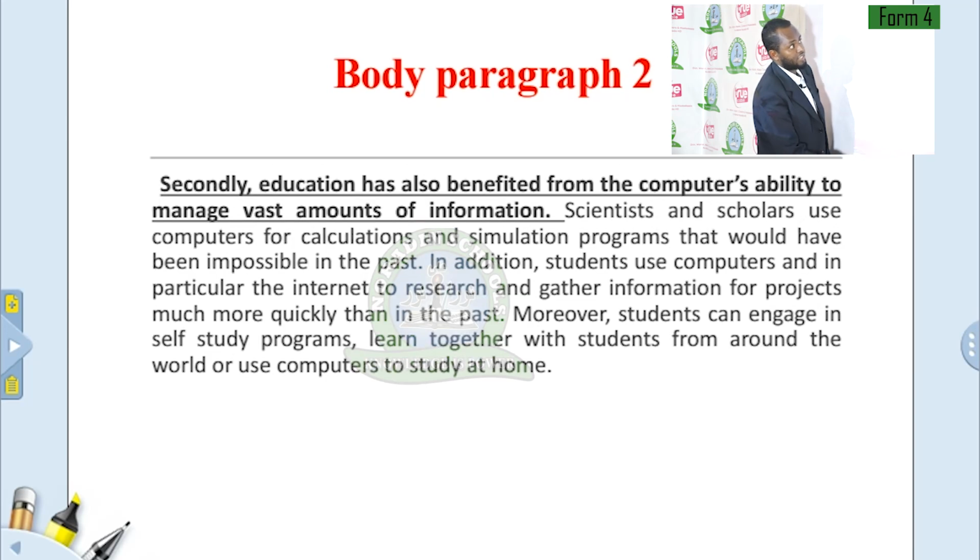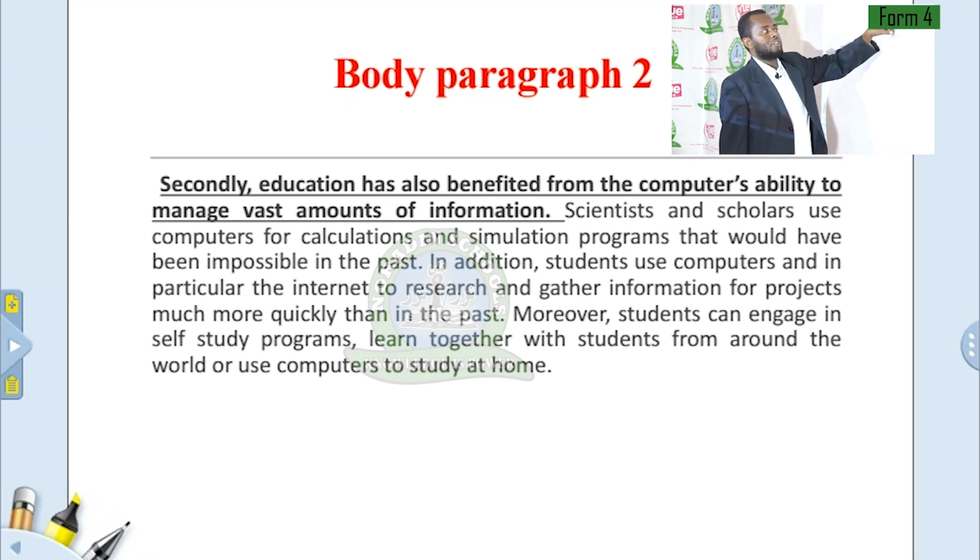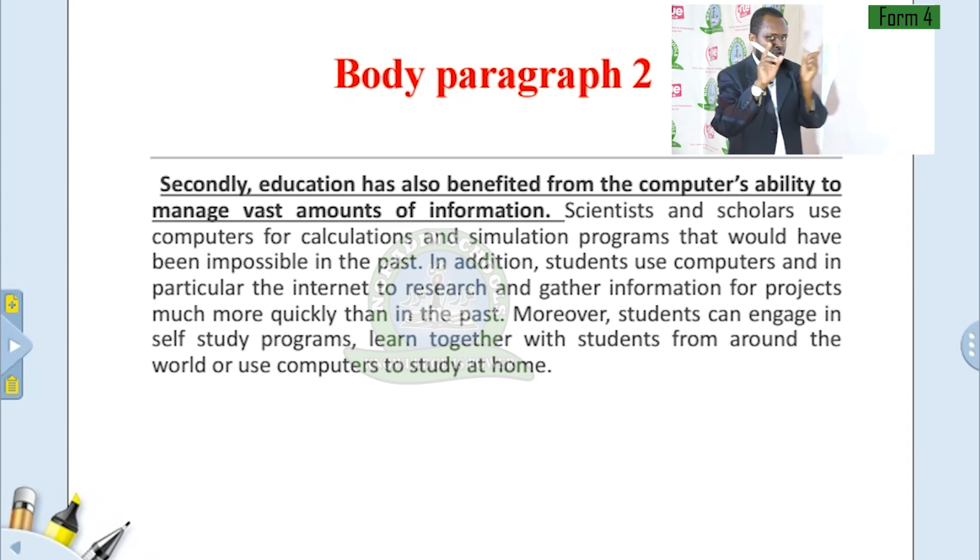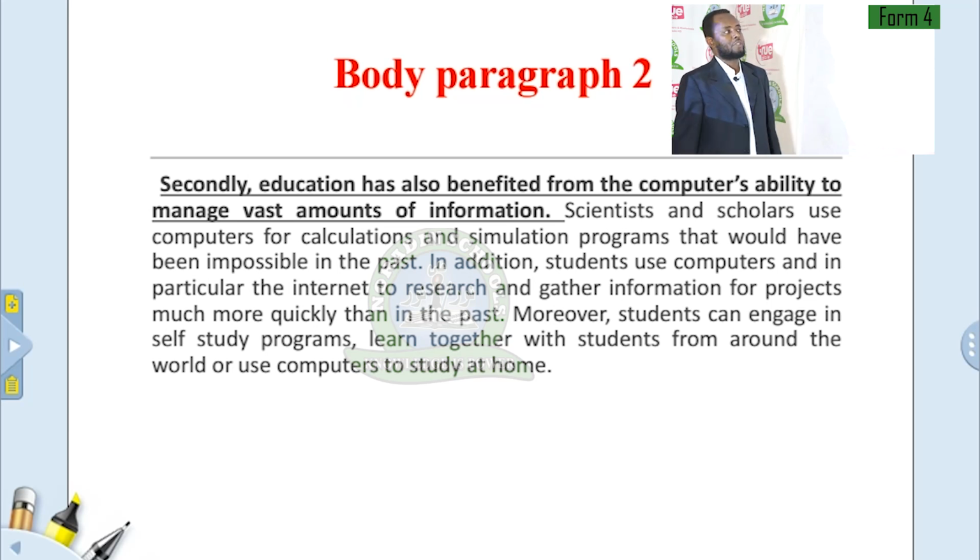And this is the second paragraph. The second paragraph talks about education. Whenever you are going to develop a topic sentence, you're going to remember two things: the controlling idea and the topic.